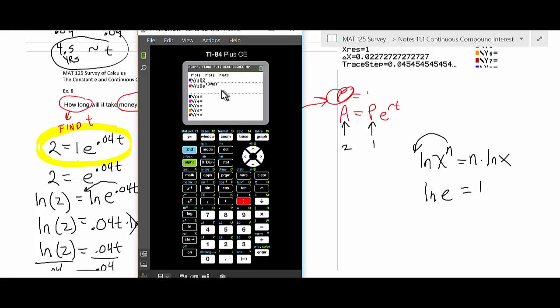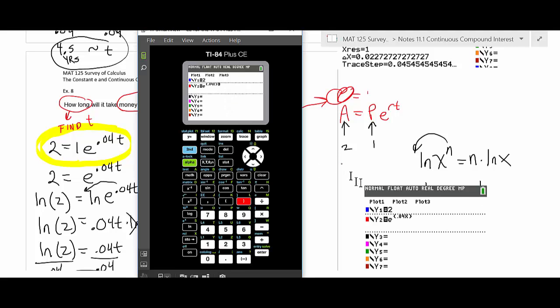Now, you have to think about the viewing window. Our answer in the last problem was 17.3, right? So let's do something logical. X max needs to be bigger than 17.3. Let's just go all the way out to 30. That's your call. Maybe scale that by 10.